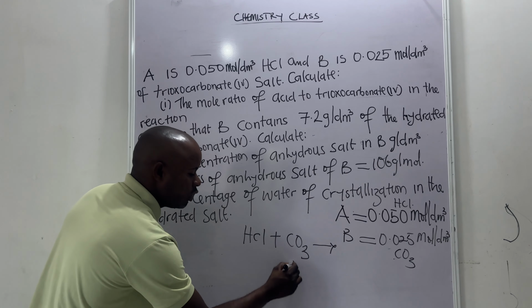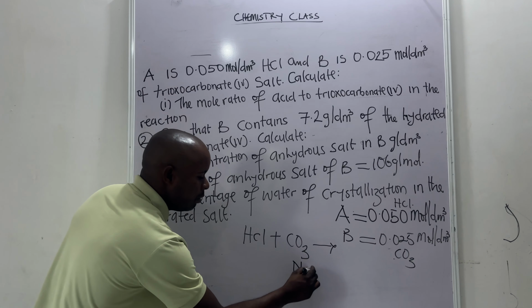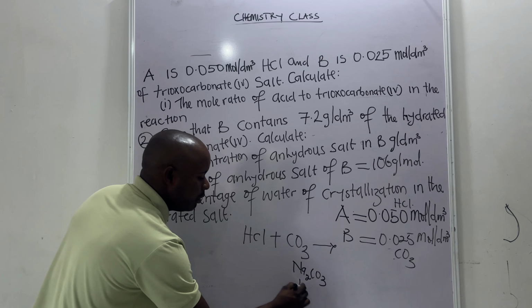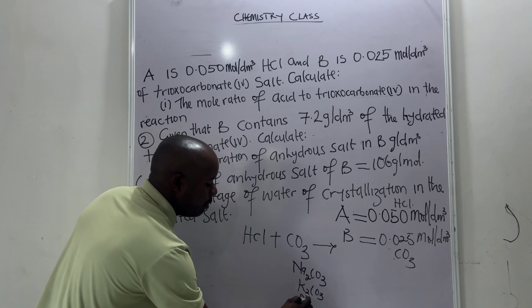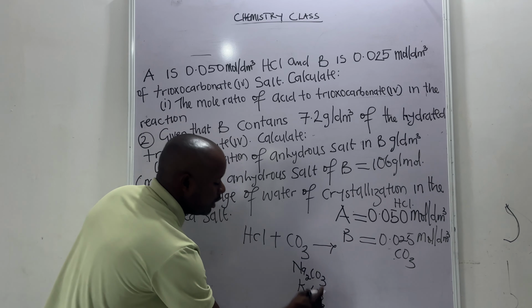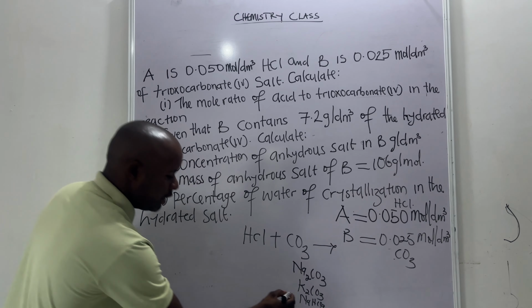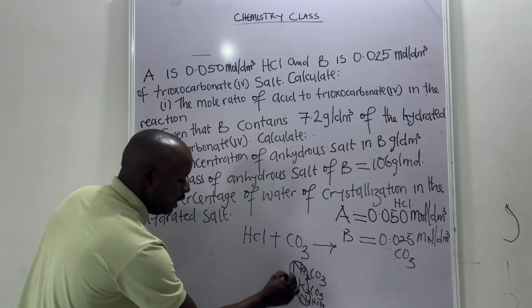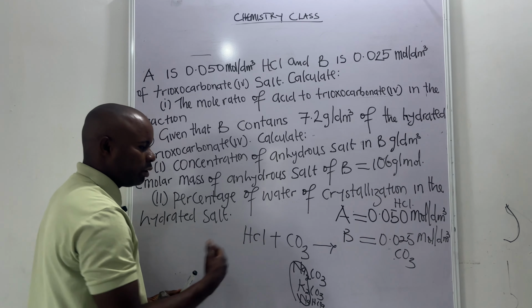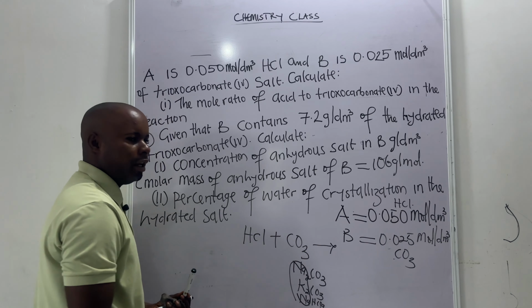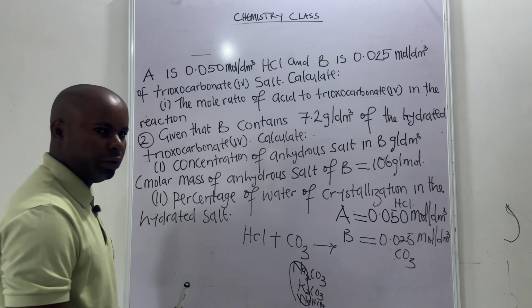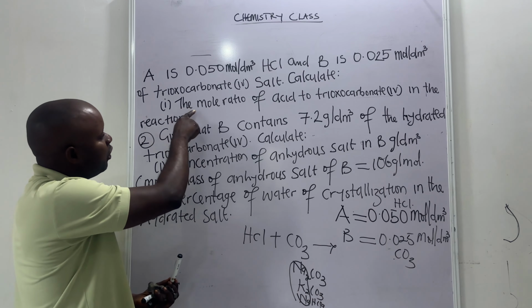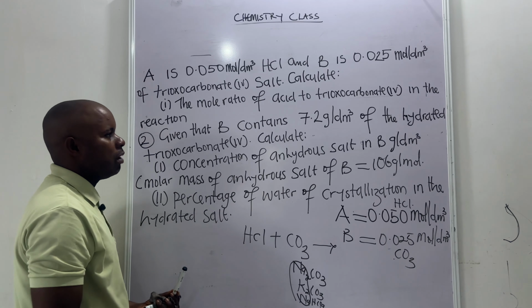This carbonate can be sodium, it can be sodium trioxocarbonate(IV), it can be potassium trioxocarbonate(IV). It can be sodium hydrogen trioxocarbonate, any of the carbonate family. So this metallic aspect of it is withheld. So it is not possible for us to have the product automatically using this equation. That is why we are asked to look for the mole ratio of the acid to trioxocarbonate(IV).